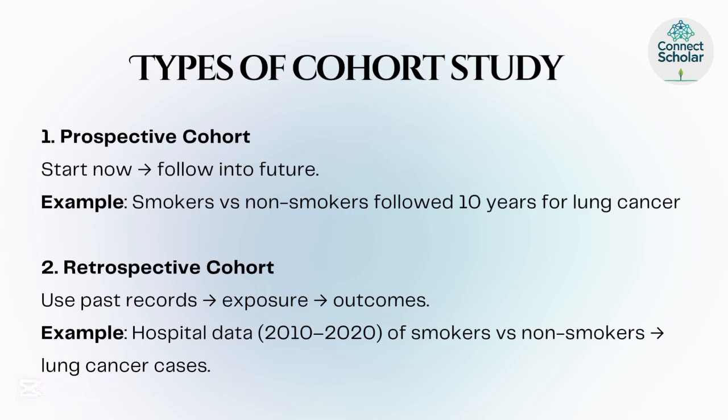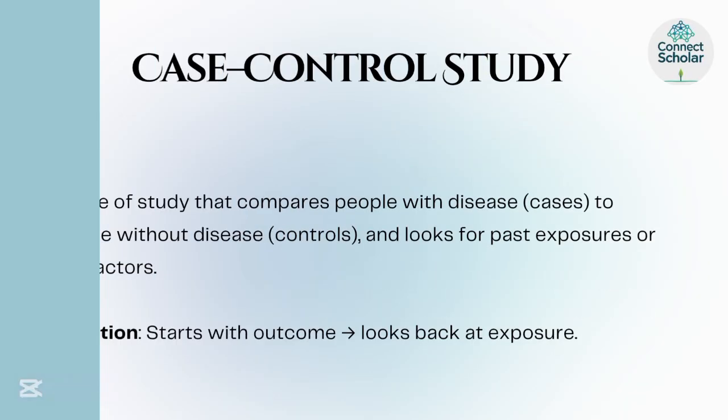While in the retrospective cohort, we use past records. We check the exposure versus the outcome. For example, we collect hospital data from 2010 till 2020 of people who were smokers versus non-smokers to observe which of them in both groups developed lung cancer.